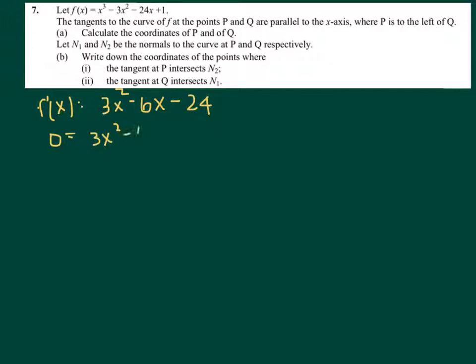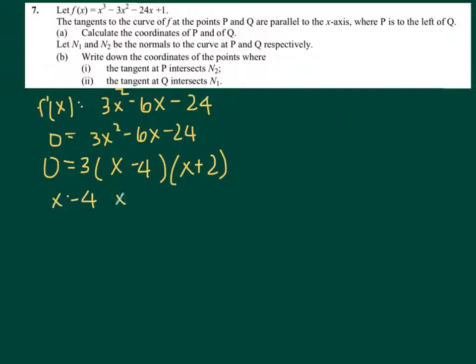3x squared minus 6x minus 24, and then we just have to factor. So this eventually factors out into 3x minus 4 times x plus 2 equal to 0. So x is equal to 4 and x is equal to negative 2. Now all you have to do is plug both of these into the original equation right there.